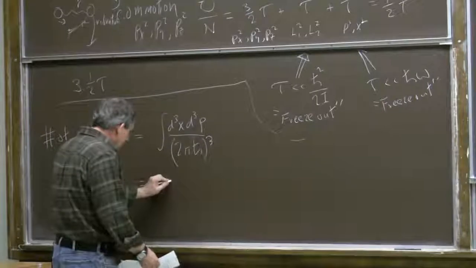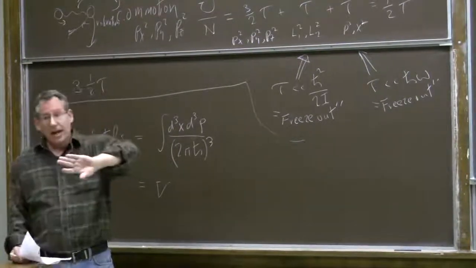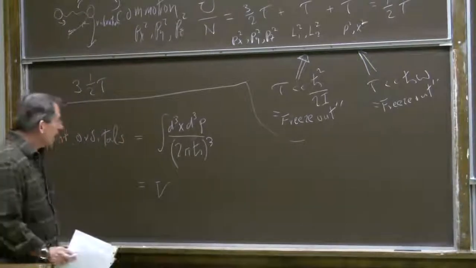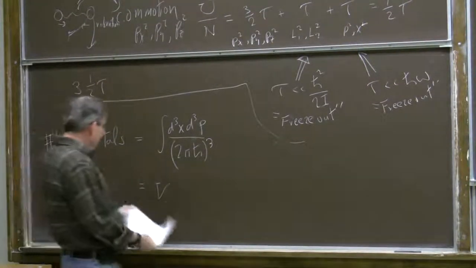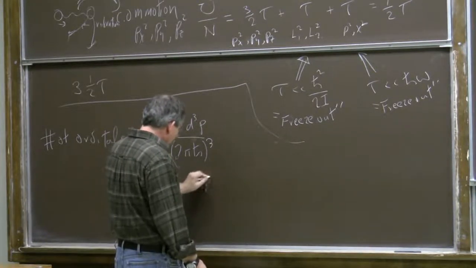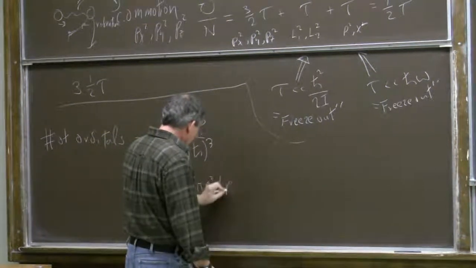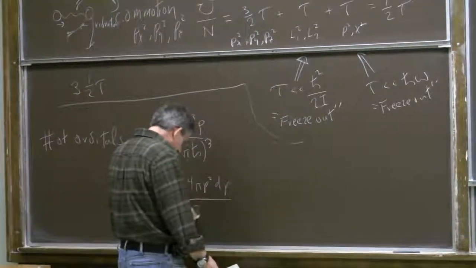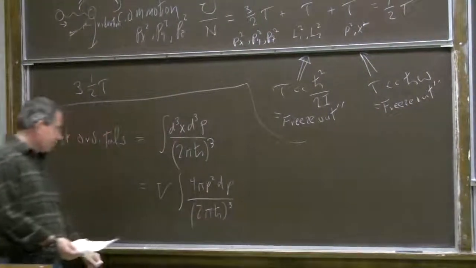So I can write that as volume, and then I can assume that we have a rotationally invariant distribution of momentum, integrate over the orientation of the momentum, and so I would integrate 4 pi p squared, the area of a shell in momentum space, dp, divided by the normalization factor, 2 pi h bar cubed.